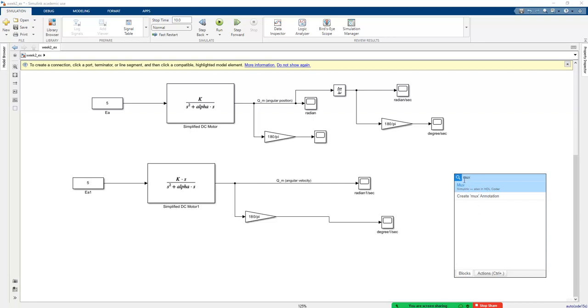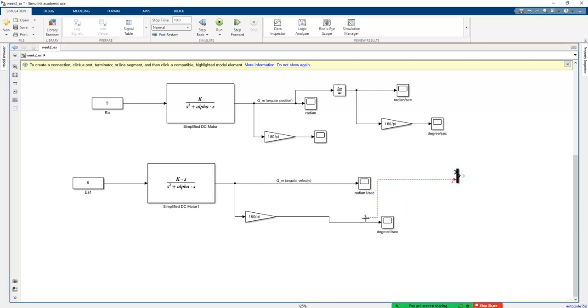So how can I check these terms? We can add the mux block, and this must be equal to this one.